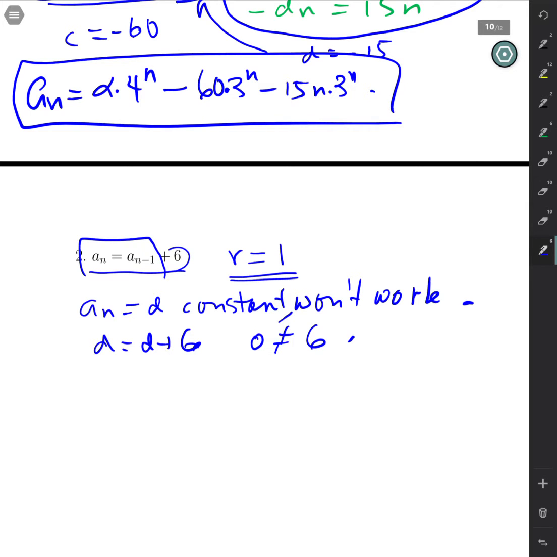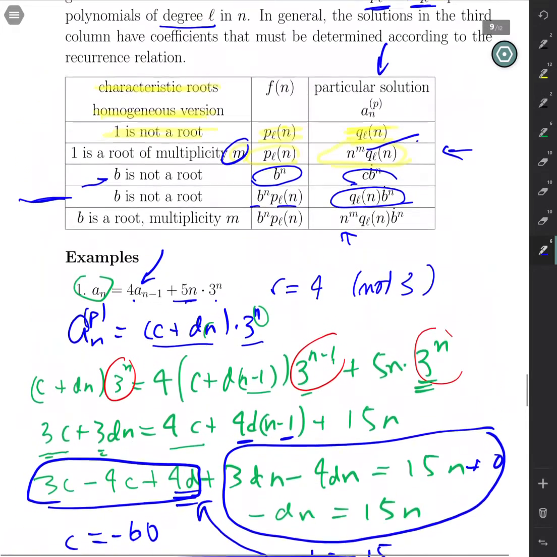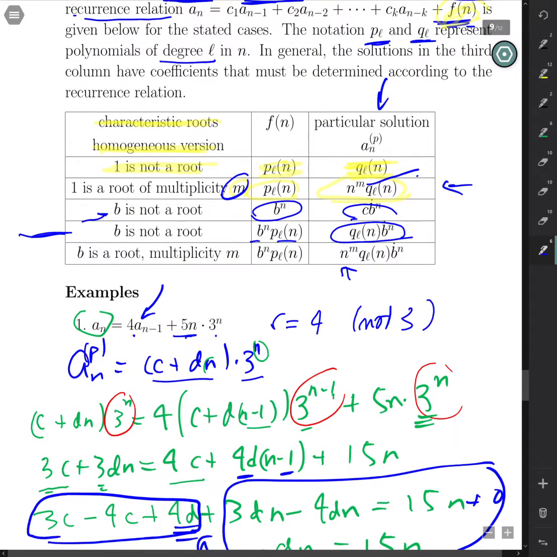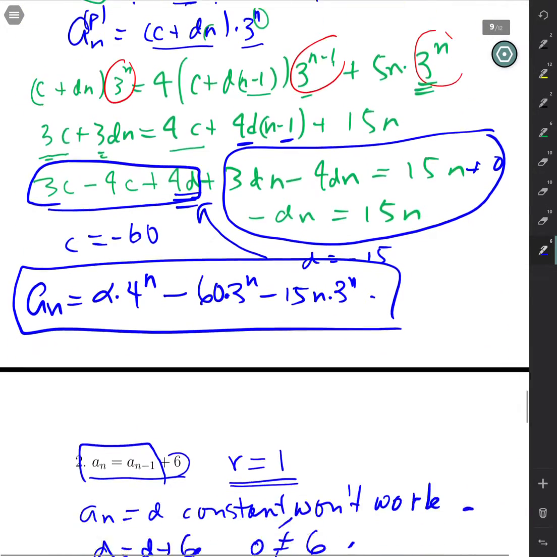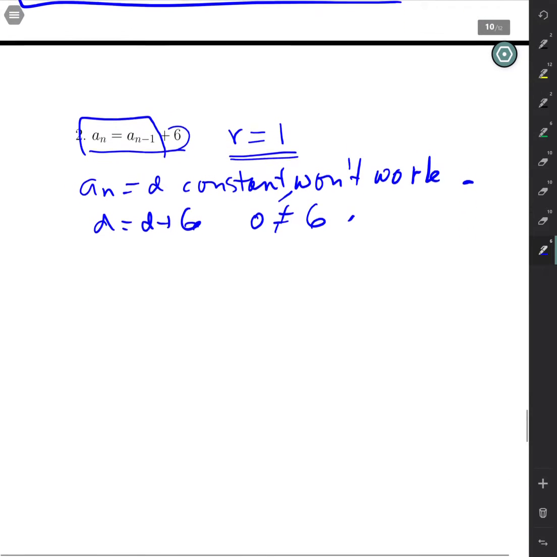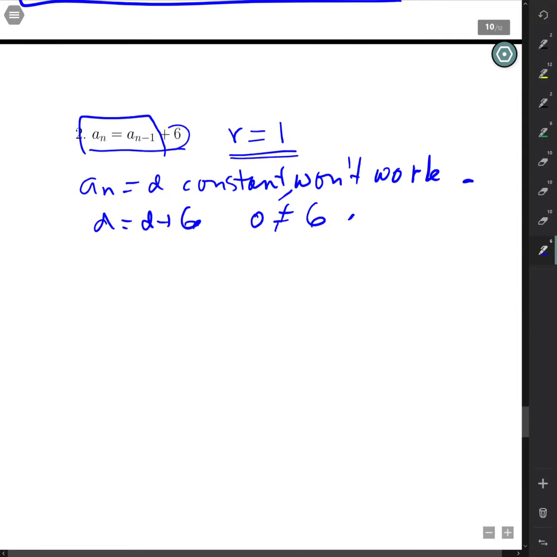So what the table says, let me scroll back up there and we'll see it, is if 1 is a root, then we have to kick up the power of the polynomial. Our polynomial is just a constant. Kick up the power of the polynomial by n raised to the multiplicity of 1 as a root. Well, it's just 1 in this case.